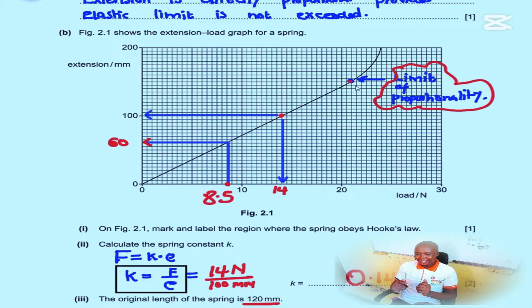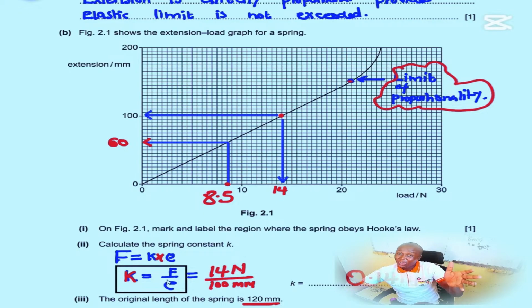Okay, all right. So if you have understood that, you need to understand also Hooke's law. The formula is force is equal to the spring constant times extension. So if you're working out the spring constant, you need the force and extension.